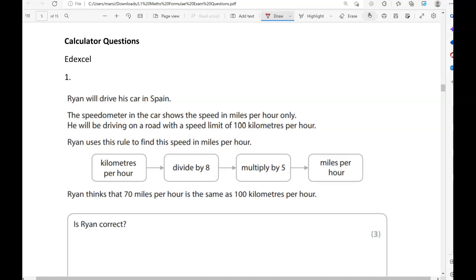Is Ryan correct? We can do this in 2 different ways. We could start with the number of kilometers per hour, which is given to us. That's 100. And we divide that by 8, then multiply the answer by 5, and see whether that matches the 70 miles that we've got.